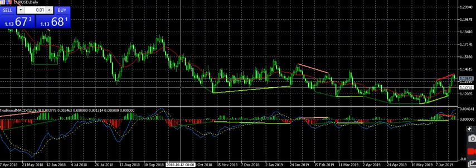Now, it would be a mistake for you to simply turn on the MACD indicator and take these signals at face value and simply trade according to what the MACD says. You really need to fit the indicator to the environment you're in.